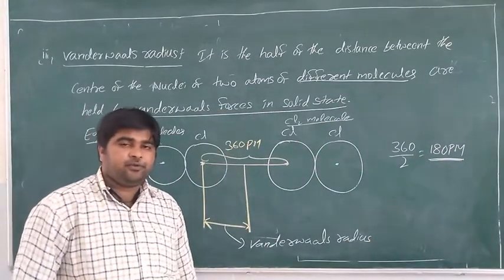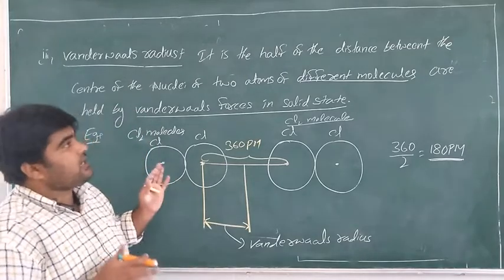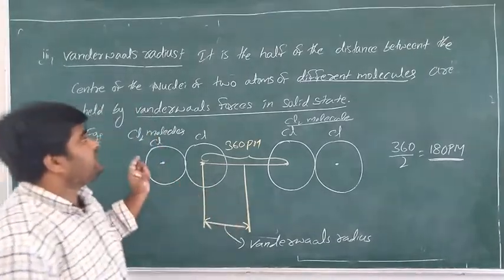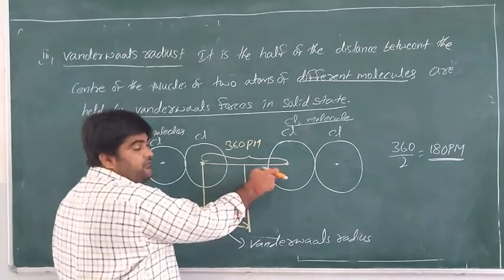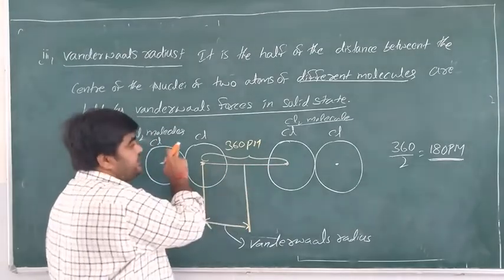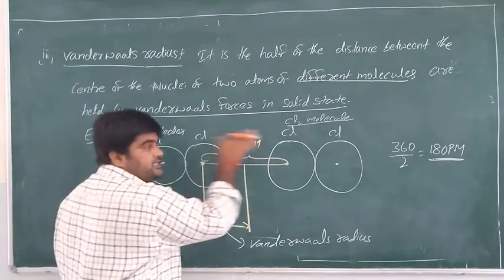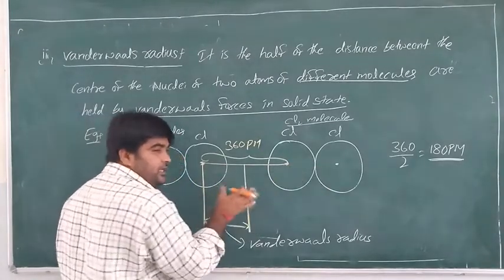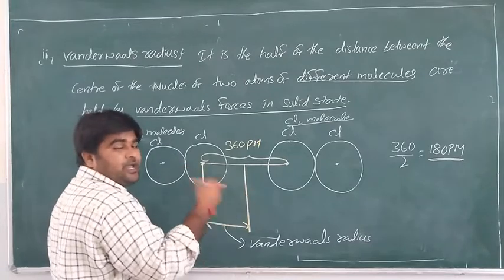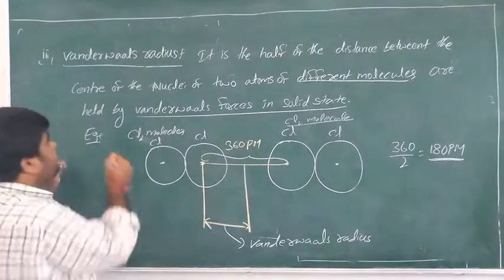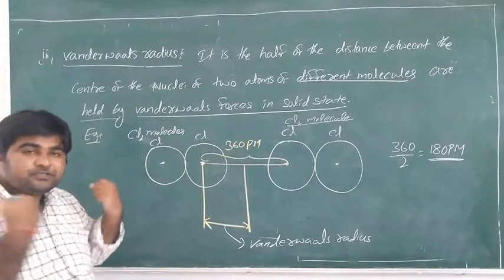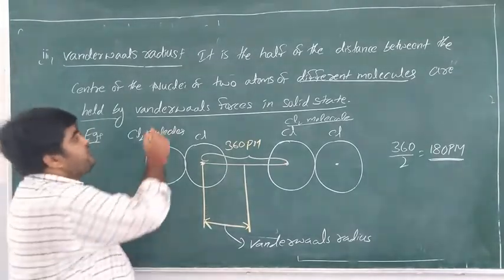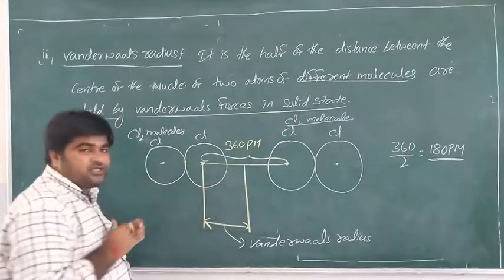Is it clear? So it is half of the distance between the centers of the nuclei of two atoms, one atom from each of two different molecules. Here I am taking one molecule of chlorine and another molecule of chlorine, the same, but sometimes they are different. Mostly different molecules are held, meaning attracted, both joined, by van der Waals forces in solid state.